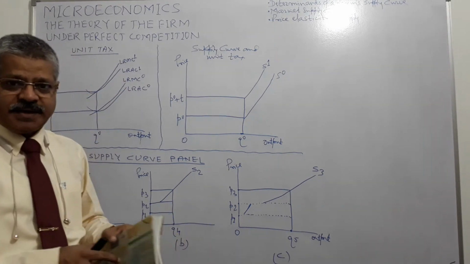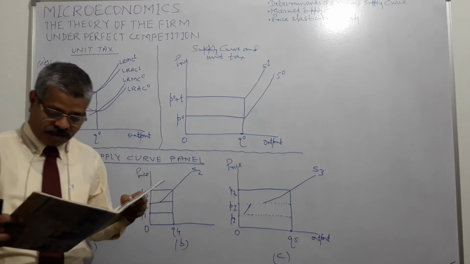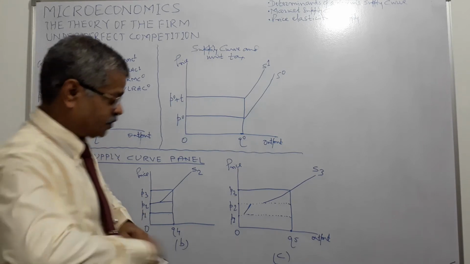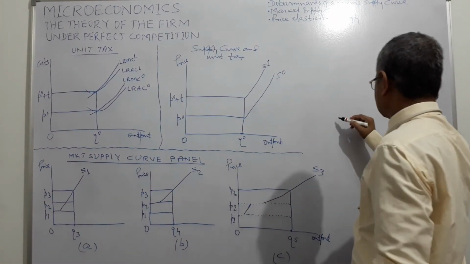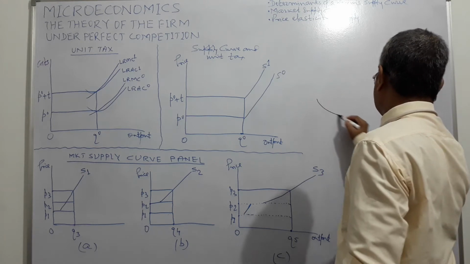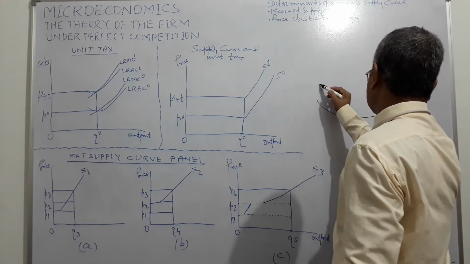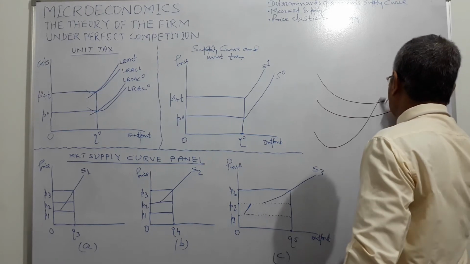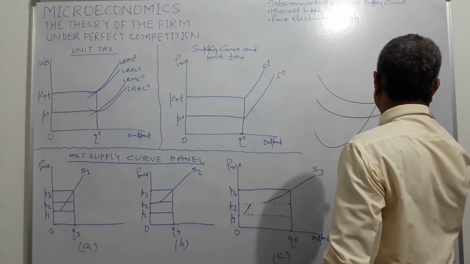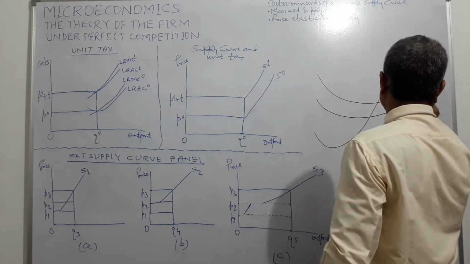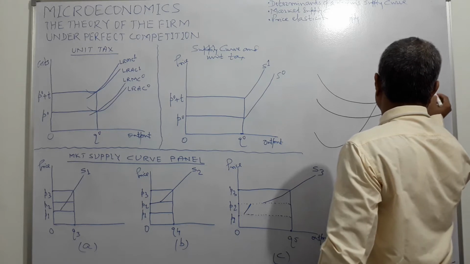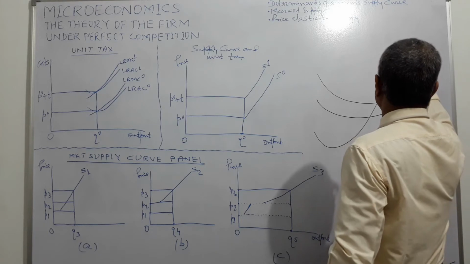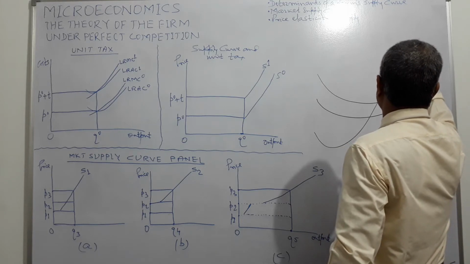We have already studied that the supply curve is a part of its marginal cost curve, right? We had seen this was AVC, this was SAC, and this was SMC. AVC, average variable cost, short run average cost, and short run marginal cost.